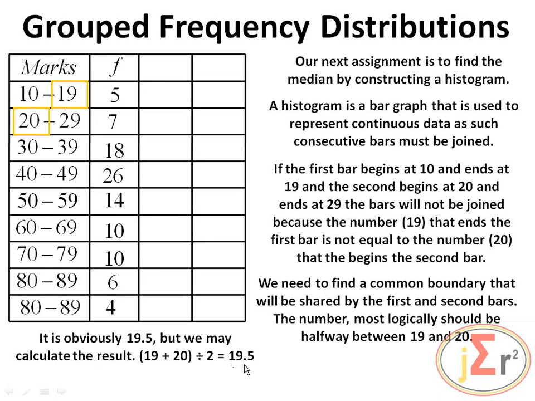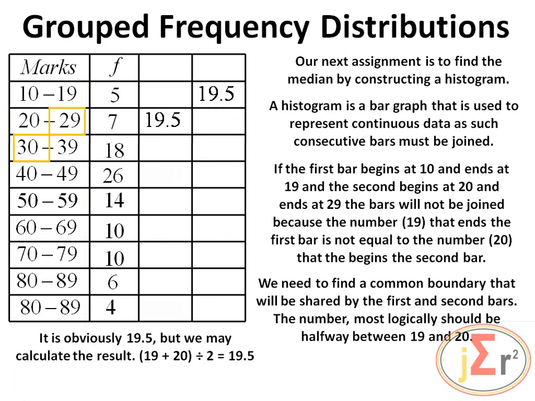Now remember, that is a boundary that is going to be shared by the first class and the second class. That means it is going to end the first class. So if we have it ending the first class, it must also begin the second class. So we have what? Ending of the first class, beginning of the second class. Then we go to the other class.